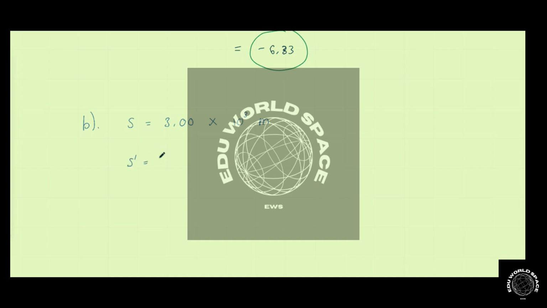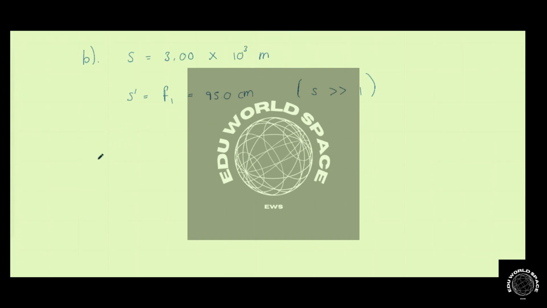Now s prime is equal to the focal length of the objective f1, which is 95 centimeters, since s is very large. So the distance is much greater than this focal length, 3 kilometers. So we can approximate s prime to be f1.